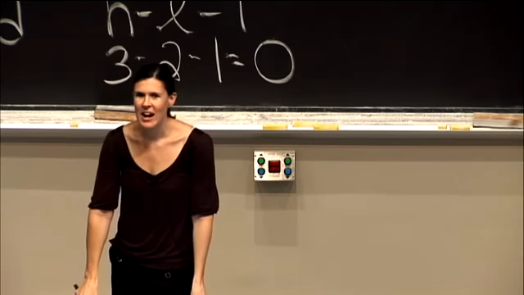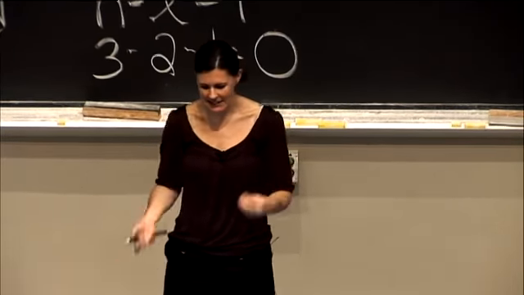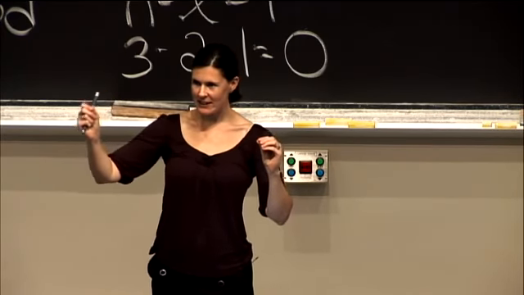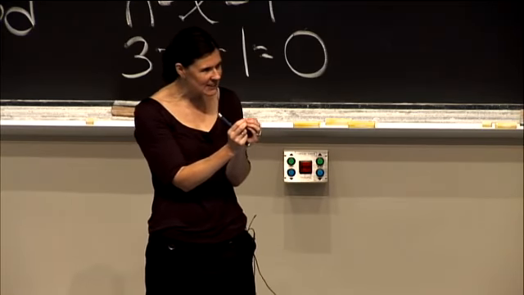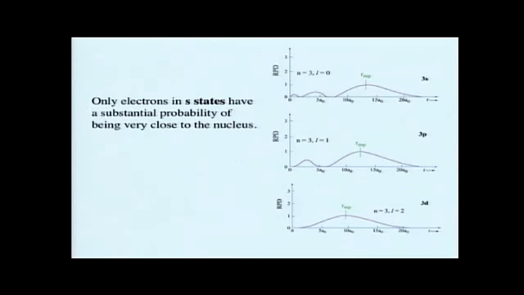So I want to contrast that with another concept that seems to be opposing ideas, and that is thinking about not how far away the most probable radius is, but thinking about how close an electron can get to the nucleus if it's actually in that orbital. And what we'll find is that we actually see the opposite.